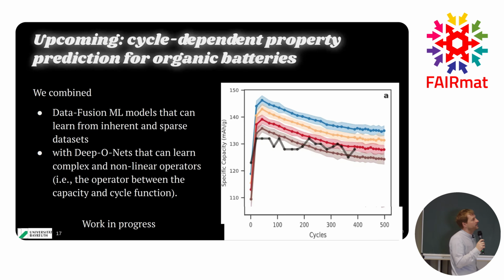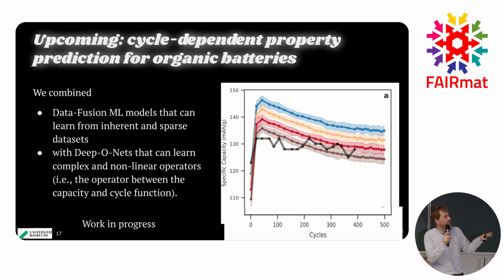And this time we still use data fusion machine learning models that are able to learn from inherent and sparse materials data sets that are usually prevalent in material science. We combine them with deep nets, a learning method that can learn complex and nonlinear operators from functions.